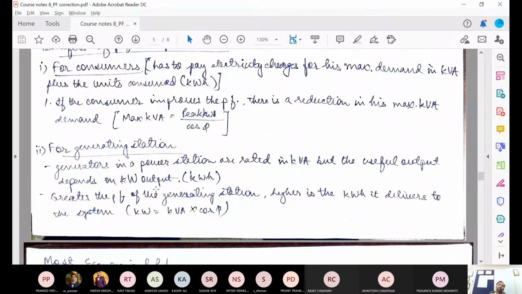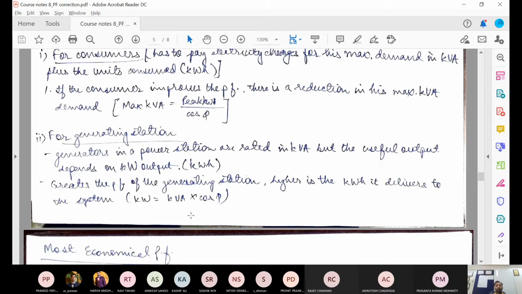So you are generating in kVA, but the commercial benefit is only for the number of units actually produced, that is the kilowatt output. Therefore, it is always advantageous to improve the power factor: the greater the power factor of the generating station, the higher the kilowatt hours it delivers to the system. So for the same kVA rating, if I make my power factor cos phi higher, the number of units delivered will be higher in terms of kilowatt hours. That is the advantage for the generating station.